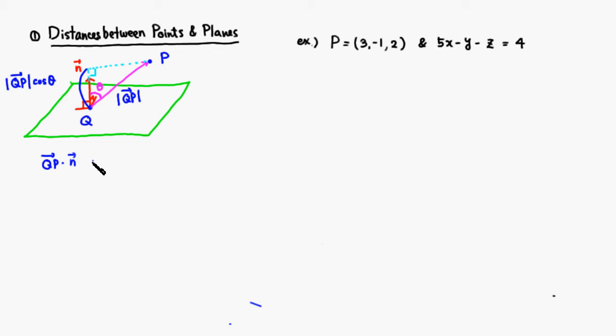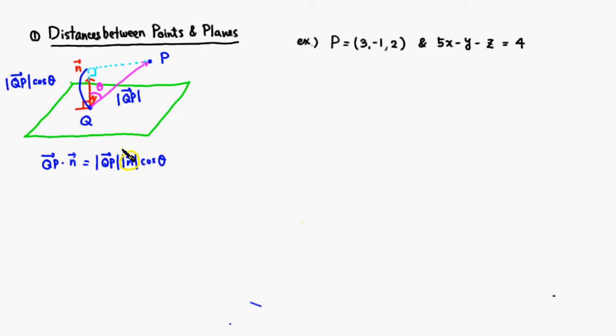And remember that this is going to have a value of the magnitude of QP times the magnitude of n times the cosine of theta. So the only thing that's extra is this guy.